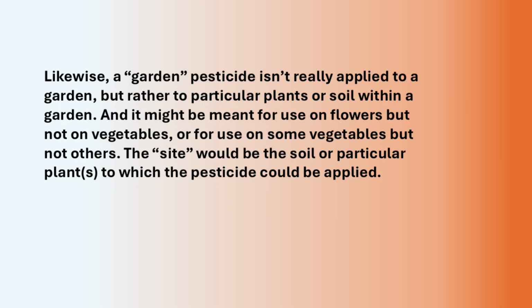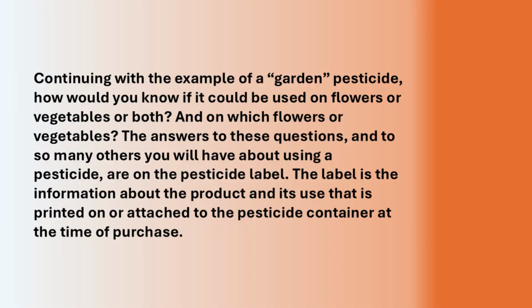Likewise, a pesticide isn't really applied to a garden, but rather to particular plants or soil within a garden, and it might be meant for use on flowers, but not on vegetables, or for use on some vegetables, but not others. The site would be the soil or particular plants to which the pesticide could be applied.